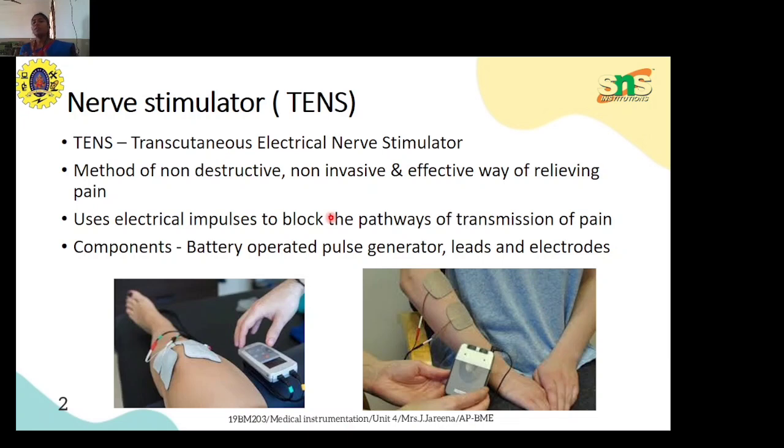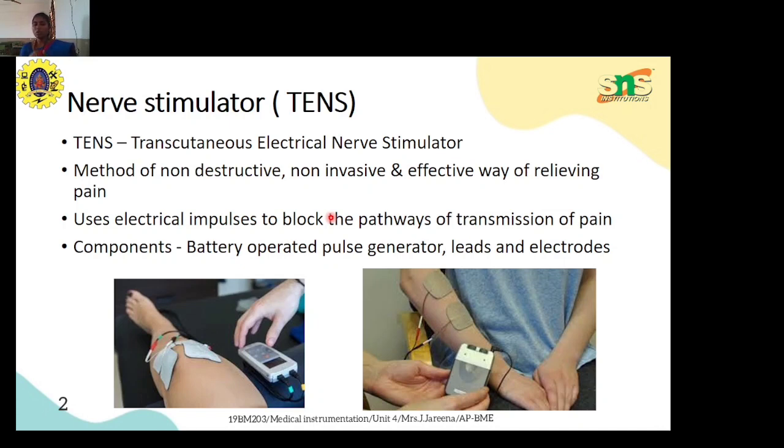So what can we do to stop the pain signal from reaching the brain? We have to block that pathway, so that the signals sent by the nociceptors will not reach the brain. That way we get pain relief. This is what we do by means of the nerve stimulator.